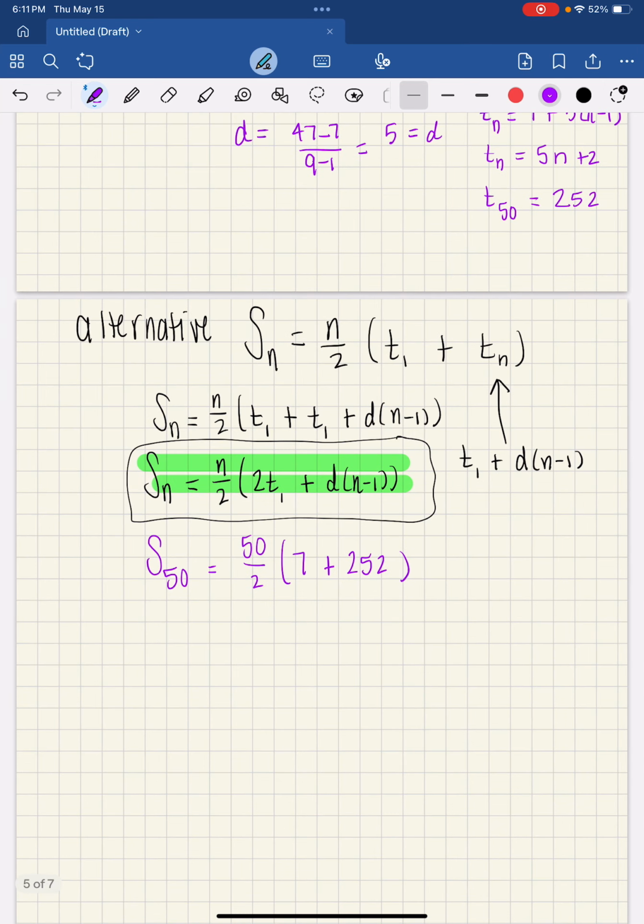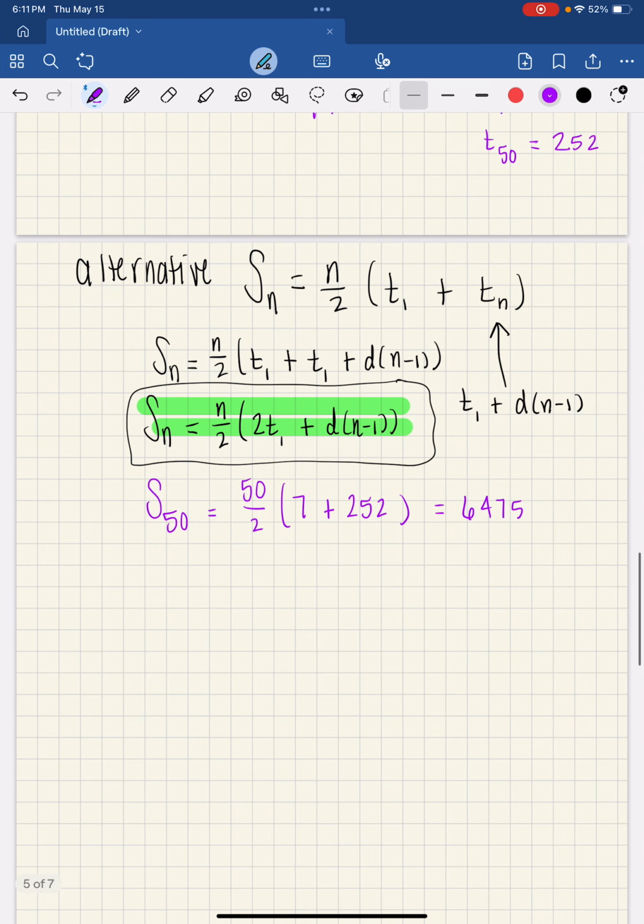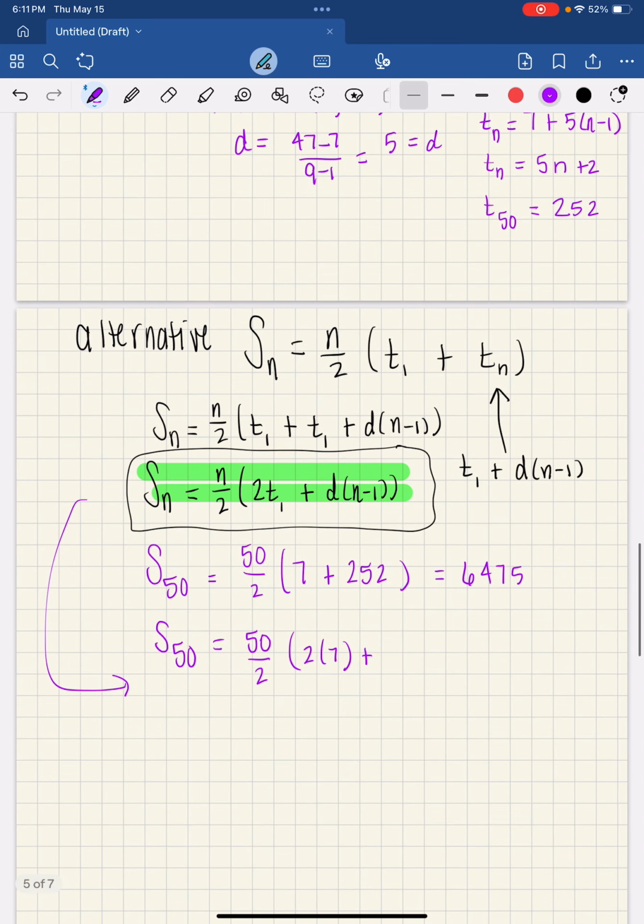So this ends up being 25 times, and you end up getting 6,475. I sure hope that's right. You could also say it's 50 over 2 using the alternate formula. 2 times t sub 1, which is 7, plus d, which is 5, times n minus 1, which is 49.